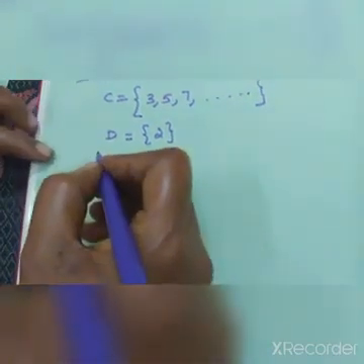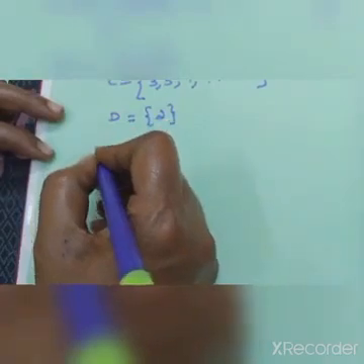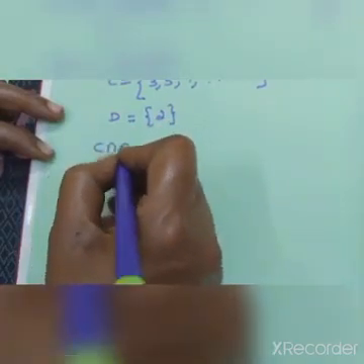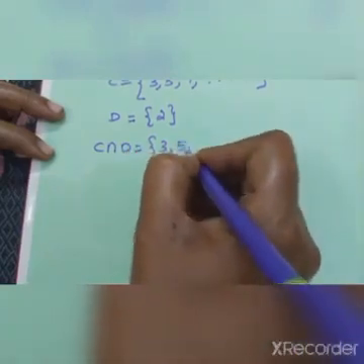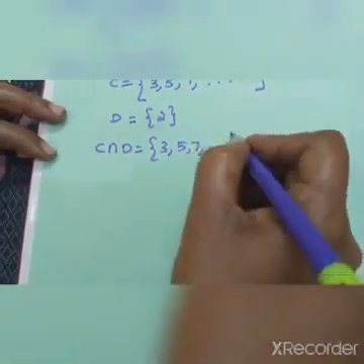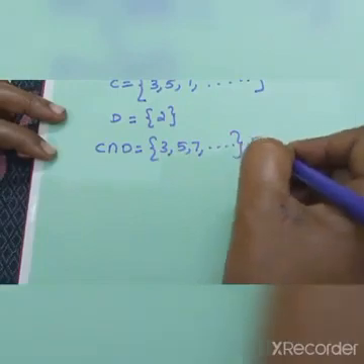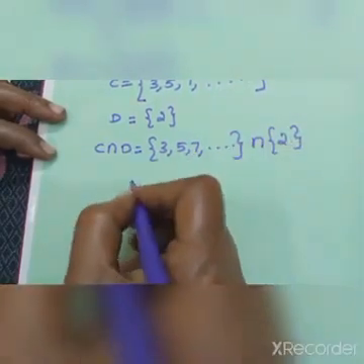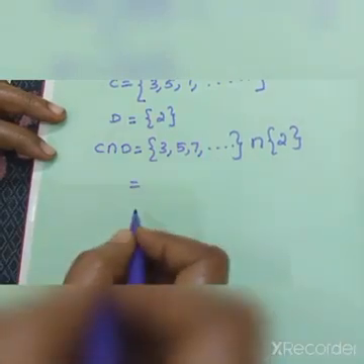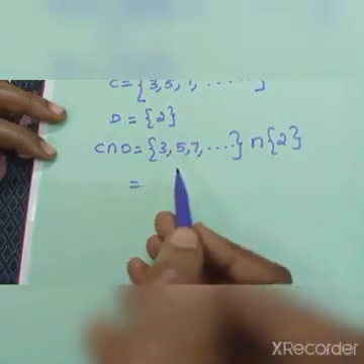Now we have to find out whether it is joint or disjoint, meaning disjoint or overlapping. So for that we have to find out C intersection D. C is 3, 5, 7, etc., and the D set is 2. Now check whether there are any common elements in both the sets.